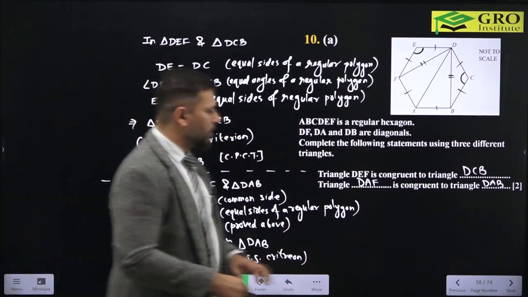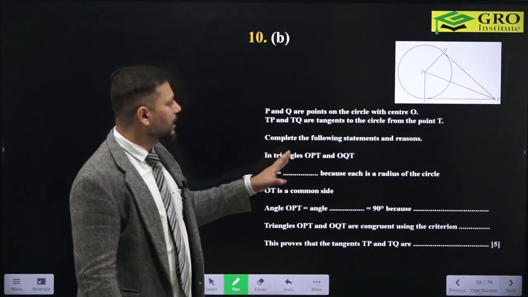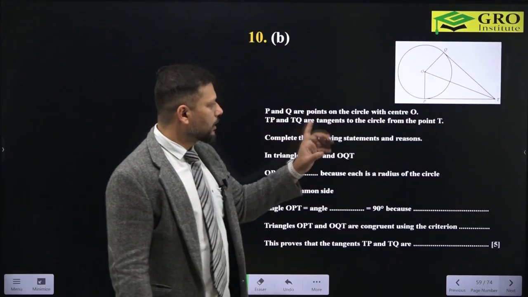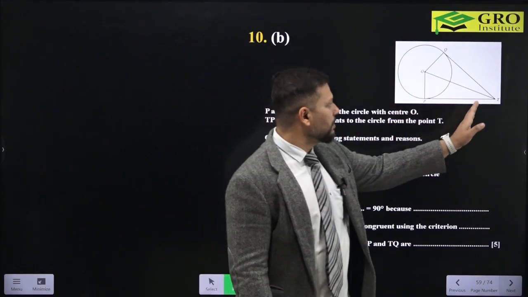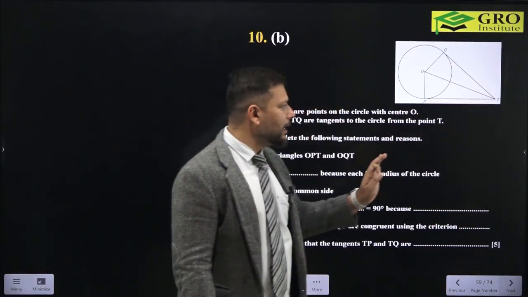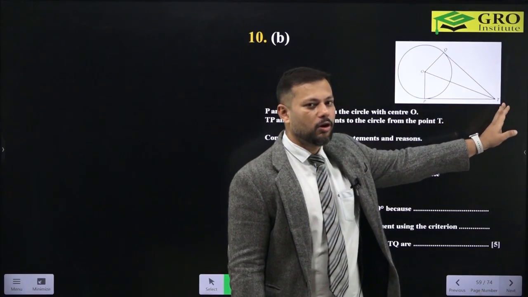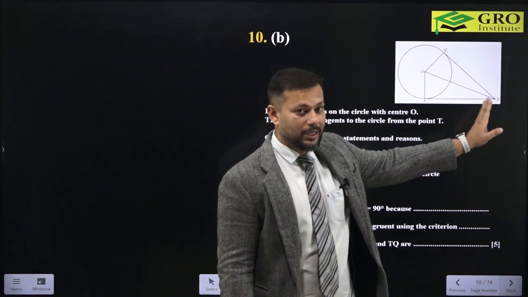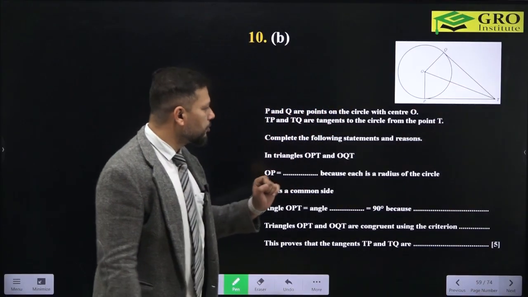Moving ahead, we have another question related to shapes, and we are being given a circle with center O, and we see that there are two tangents from points P and Q of the same circle meeting externally at point T, and we have joined the center of the circle with that point of meeting of these two tangents, not chords. So this OT is also there. Let us read it properly.